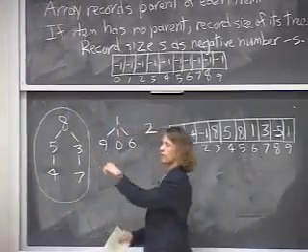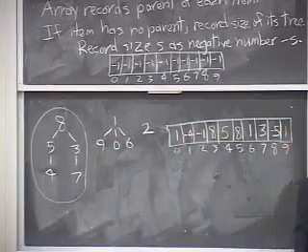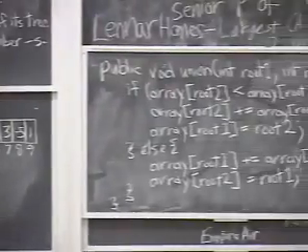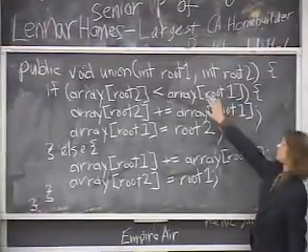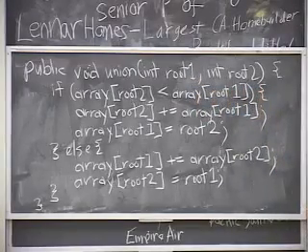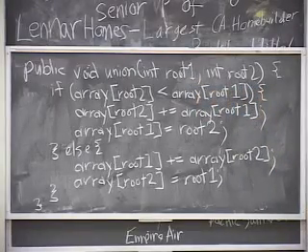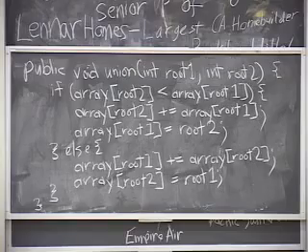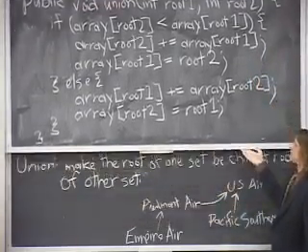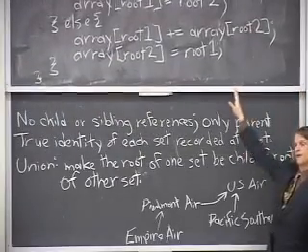They're not supposed to know that one of those items is special, because that's an implementation detail, and you'd like to hide that. So what you really want to do is start by doing a find on each of these two nodes, finding the roots of the two trees, and then doing the union. But to keep it short for class, I've just given you the not very well encapsulated version.